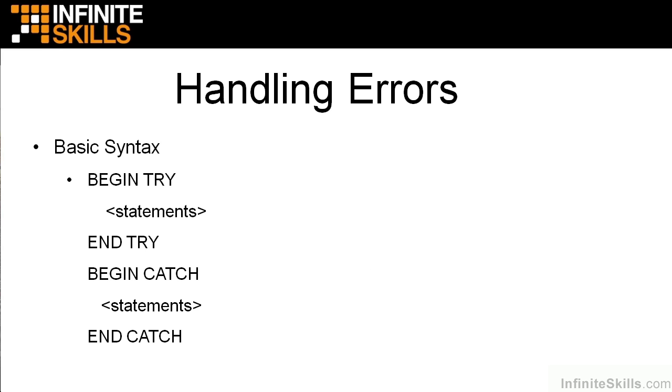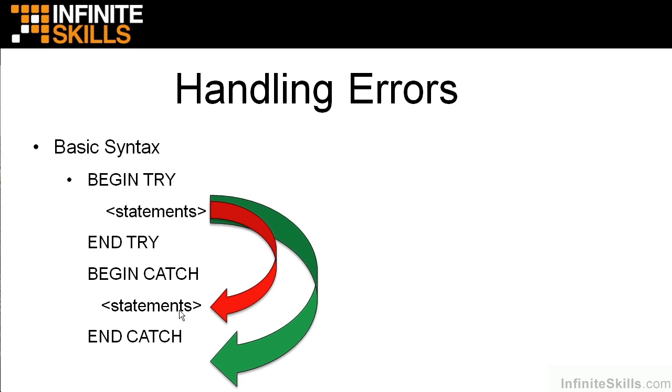Now let's take a look at the basic syntax. If we have an error up here in the try block, then control immediately jumps down to the catch block, and these statements execute. If there are no errors in the begin try, then as soon as we get to the end of these statements, we jump down to the first statement after the end catch, and these statements never run. So that's the visual on it.